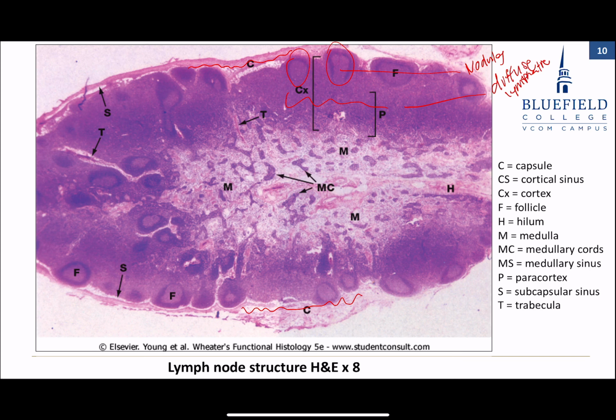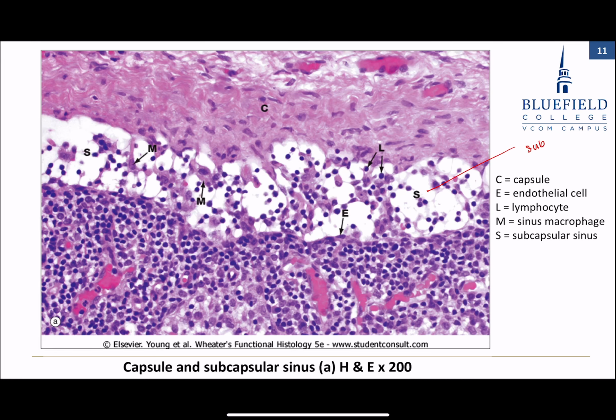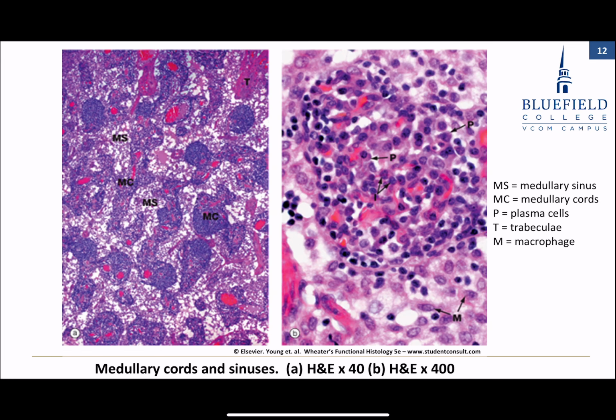And we can go look at those at a little bit higher power magnification right here. Basically, you've got regions in there that are going to have these cords of lymphatic tissue, but you're also going to have sinuses in between, aren't you? Open areas in between where fluid, where lymph can move through.